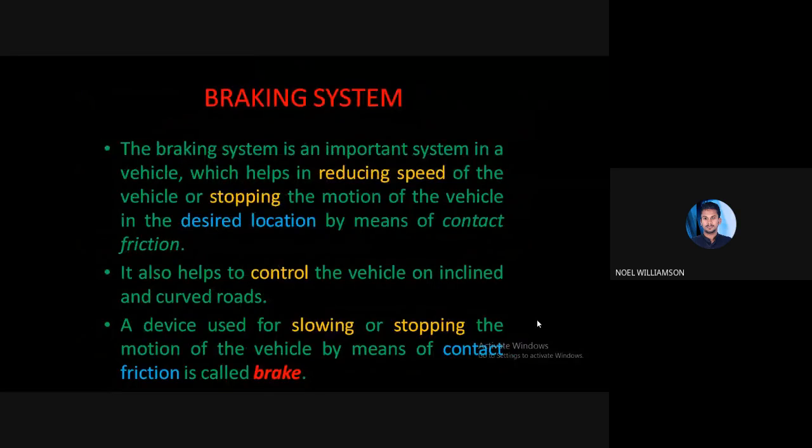So braking system. The braking system is an important system in a vehicle which helps in reducing the speed of the vehicle or stopping the motion of the vehicle in the desired location by means of contact friction. There are many purposes. The main thing is to reduce the speed or even stop the vehicle at the desired location, mainly to prevent accidents or for controlling the vehicle.